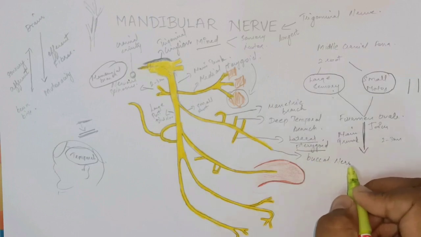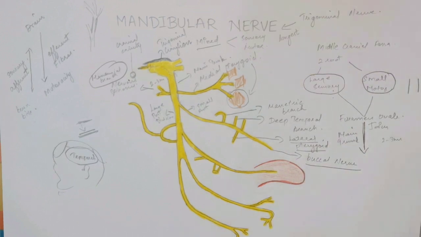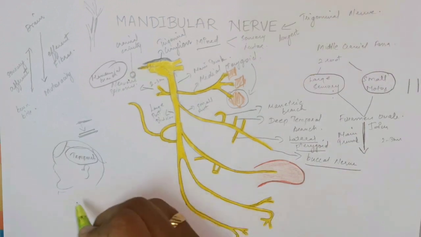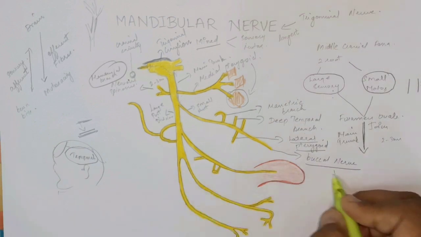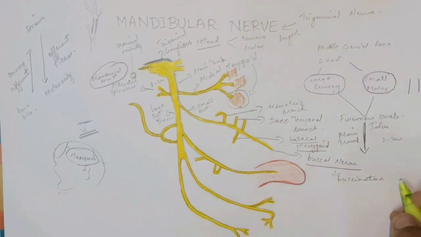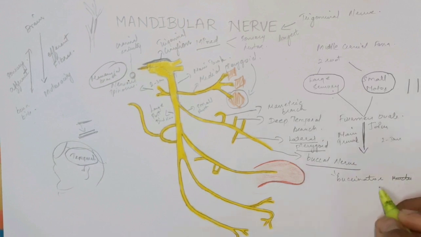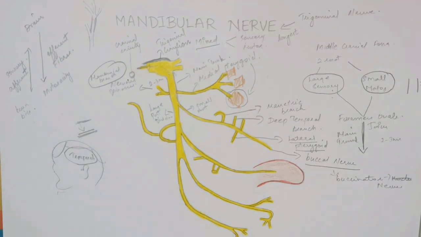Buccal nerve is also called the buccinator nerve, which supplies the buccinator muscles.